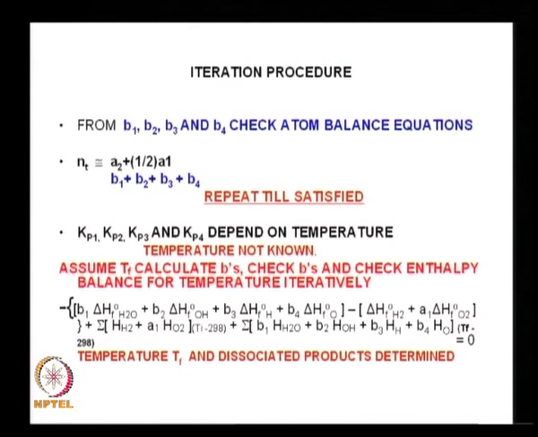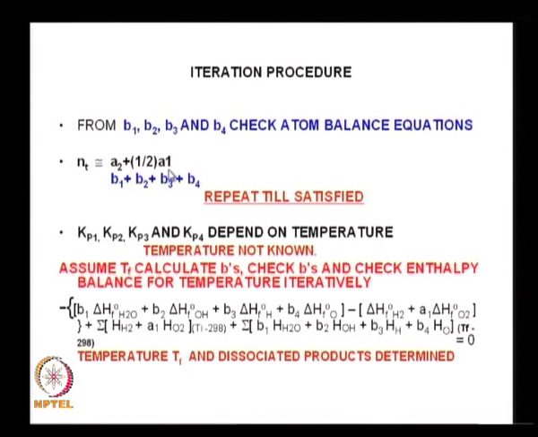Now that means I know all this, but what was my assumption? The total number of moles was equal to A2 plus half A1, where A2 was 1, so we had 1 plus half into A1, and therefore this was known to me. But I assumed this, while the actual number of moles in the products is B1 plus B2 plus B3 plus B4.